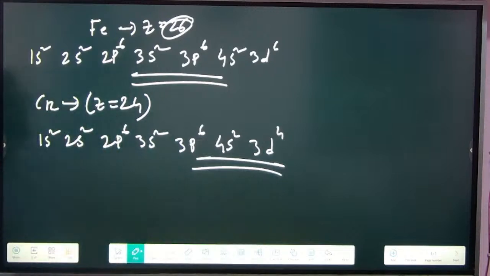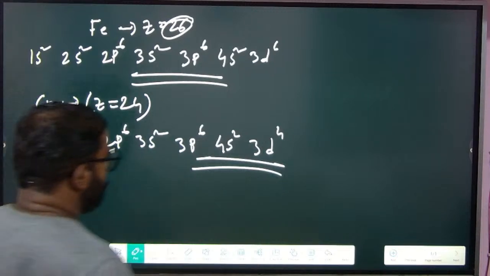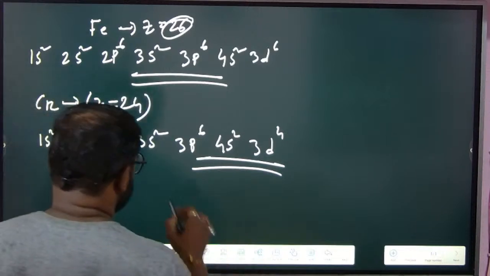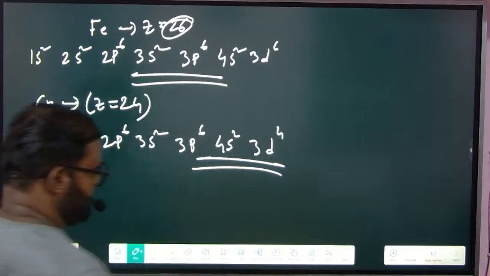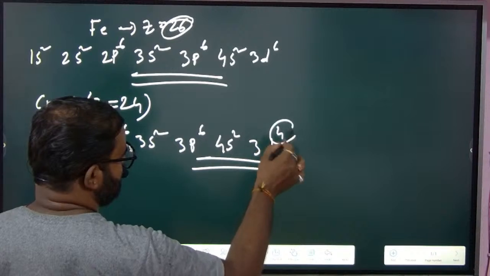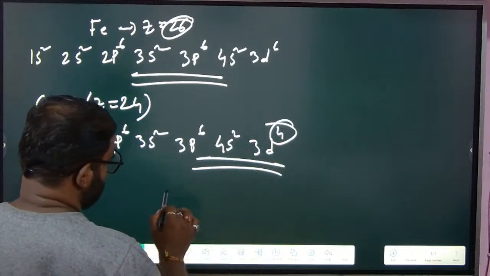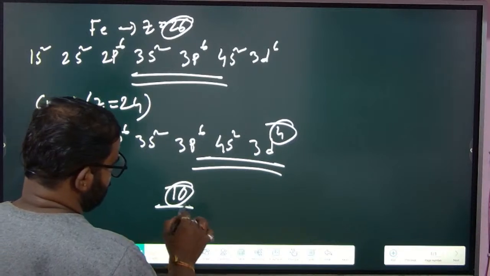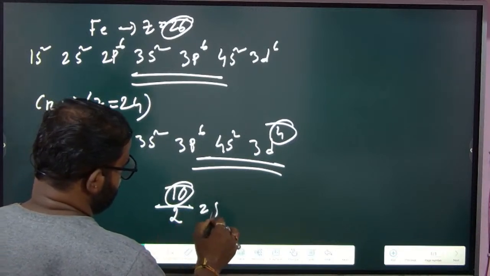Here is a problem. The formulas we have, the theory we have done, according to this it is correct. But the thing is, there is a problem. In the 3d system, the maximum number of electrons in the 3d orbital is 10. If we divide it by 2, we get 5.